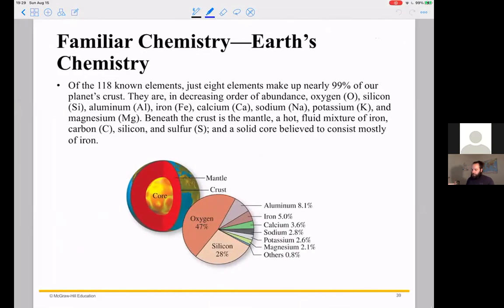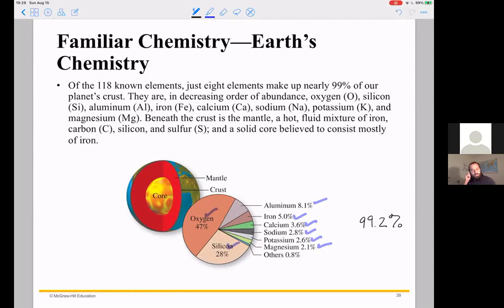And we can look at the Earth's crust as well, and it's kind of a similar story. It's not the exact same makeup, but you can see, how many we got here? Oxygen, silicon, 1, 2, 3, 4, 5, 6, 7, 8 different elements compose 99.2% of our Earth, right? Again, it's mostly oxygen as well as a lot of silicon. This is, I think, specifically within the Earth's crust.